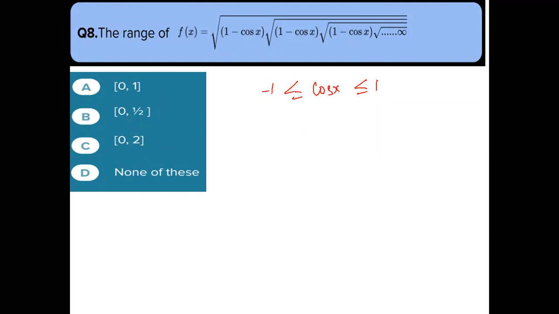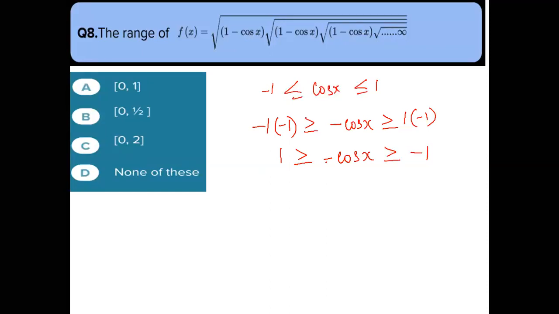First, what should we do? We need minus cos x. When multiplying by a minus, the inequality reverses, correct? The inequality changes its sign. So I multiply by minus 1, and the sign gets reversed. Minus 1 into 1 is minus 1, so 1 is greater than or equal to minus cos x, greater than or equal to minus 1.